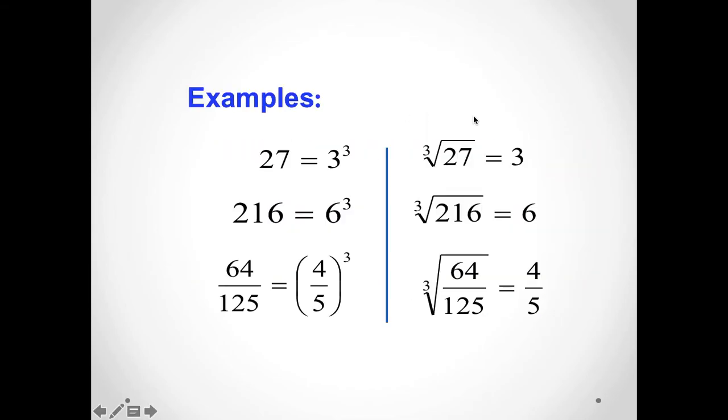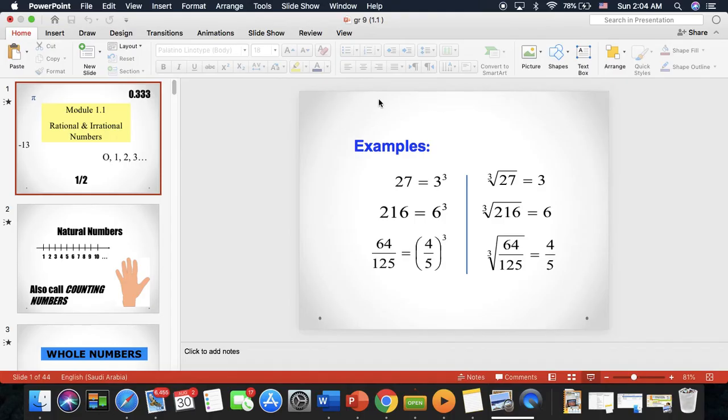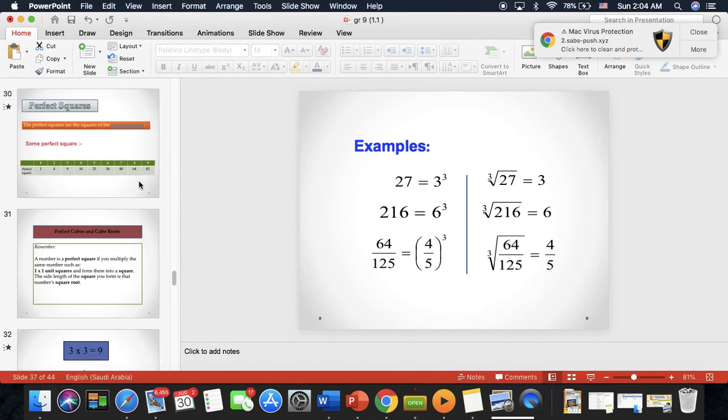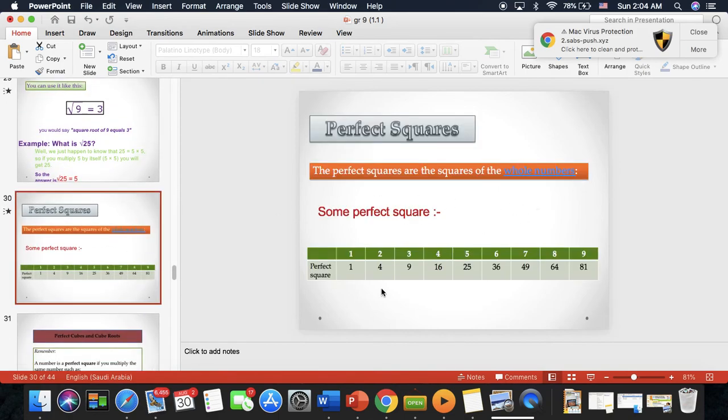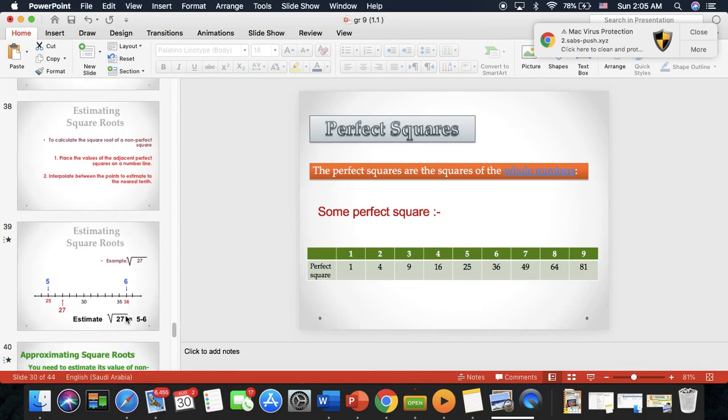Now, as discussed earlier, we have some perfect squares over here. Tell me, where is the square root of 27 on this number scale? It's in between 25 and 36. So we'll move on to this slide.